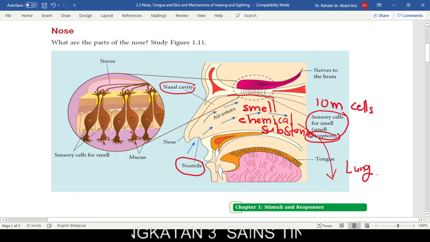You can see the brown color here is the sensory cells for smell, and at this position is the location for the smell receptors. This smell receptor is immersed or covered by a liquid we call mucus.